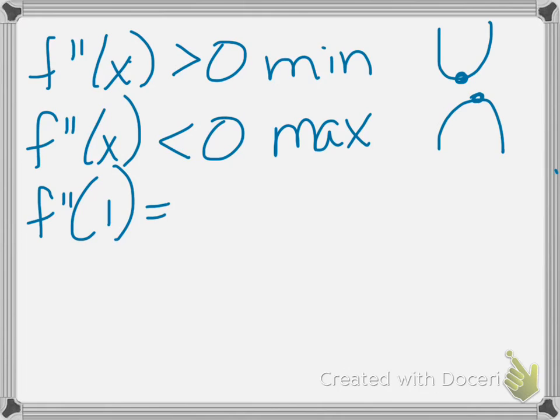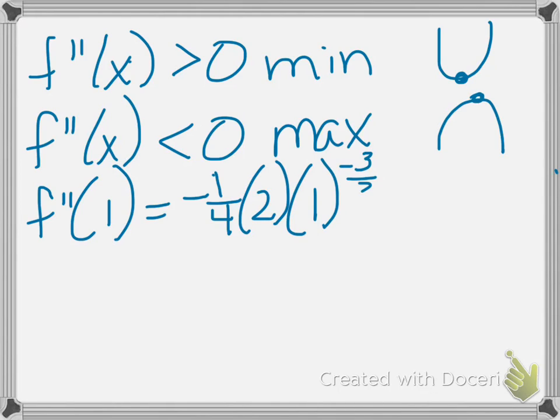So the second derivative was negative 1/4 k, but we know that k is 2, x, which is 1, to the negative 3/2, plus x, which is 1, to the negative 2. Okay, now we have to simplify. So negative 1/4 times 2 is negative 2/4, which is the same thing as negative 1/2.